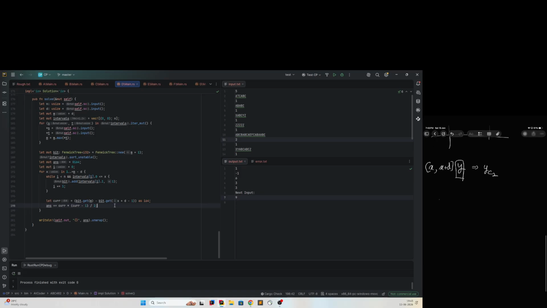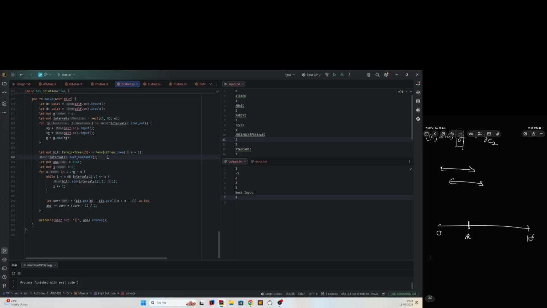Now, how to find this y? The way I thought about it was: if we have some intervals, right, then we sort those intervals. Here I have sorted the intervals, and for each x, let's say this is a timeline from 0 to 10 power 6 or something, and we are at point x.